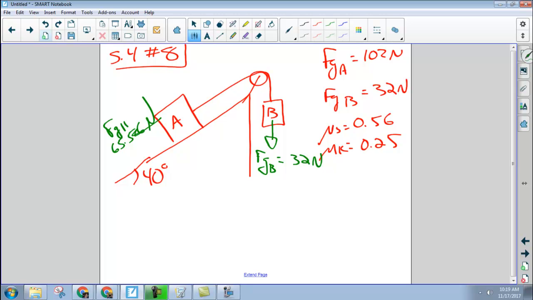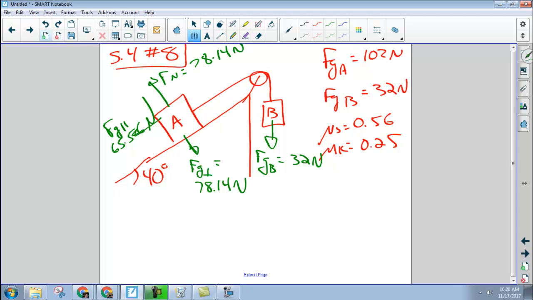There's also a perpendicular component, which is the same thing but with cosine. That gives you 78.14. So now I know my normal force.